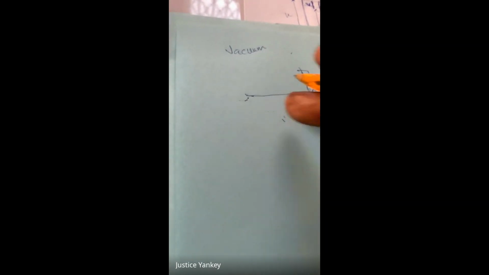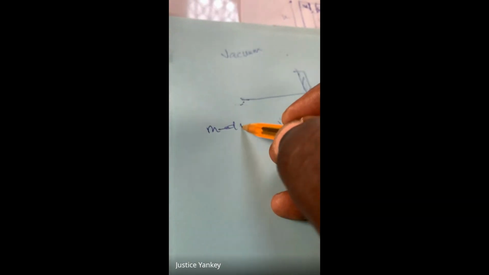I'll call the left medium 1, and the right, below the boundary, medium 2. This is the boundary, BB. Above the boundary is vacuum, and below it there are two different materials. On the left is transparent medium 1. On the right is transparent medium 2.